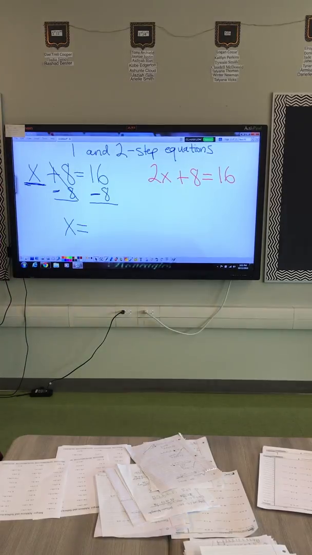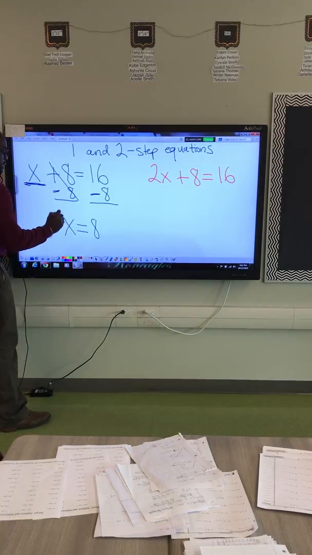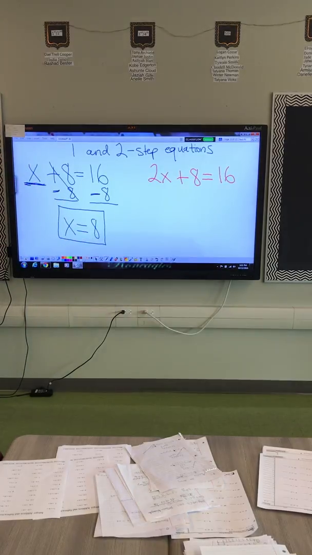And now we have to subtract the 8 from the 16. So 16 minus 8 is 8. Good, problem solved. X equals 8. You plug it back in. 8 plus 8 is equal to 16.